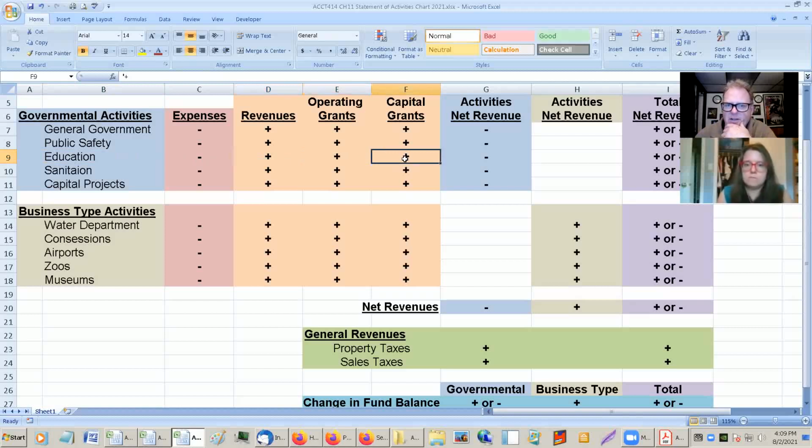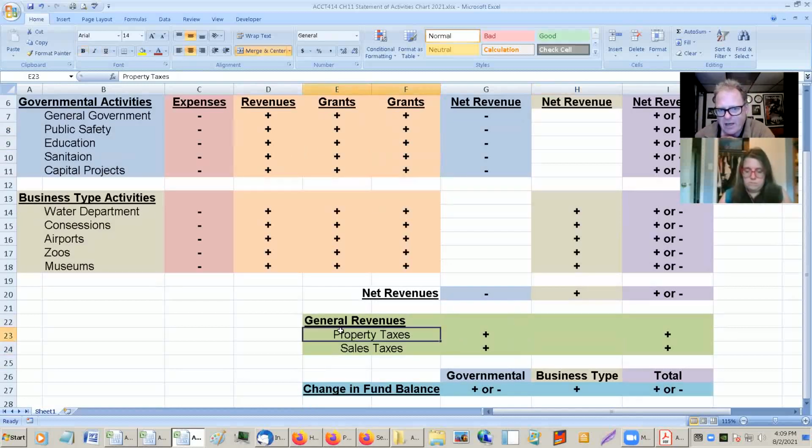So these are usually very specific as far as what they can be used for. If they say you can buy a police car, they'll give you $20,000, you can't take that money and use it for education. Which can be frustrating because maybe you need it for education, but those are specific. These down here, these can be used for anything.